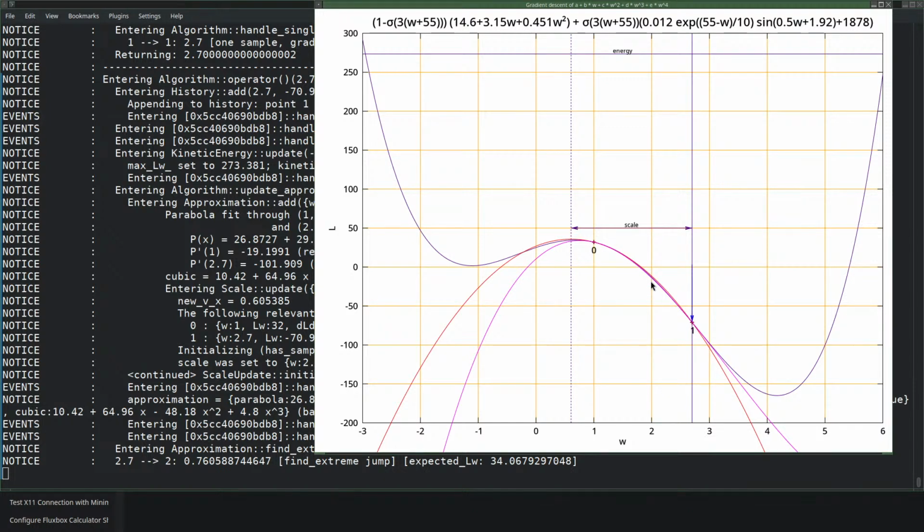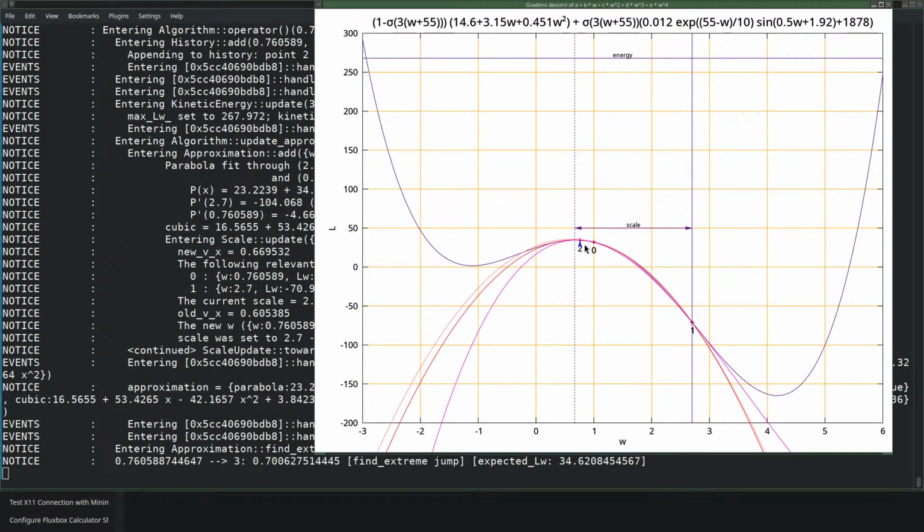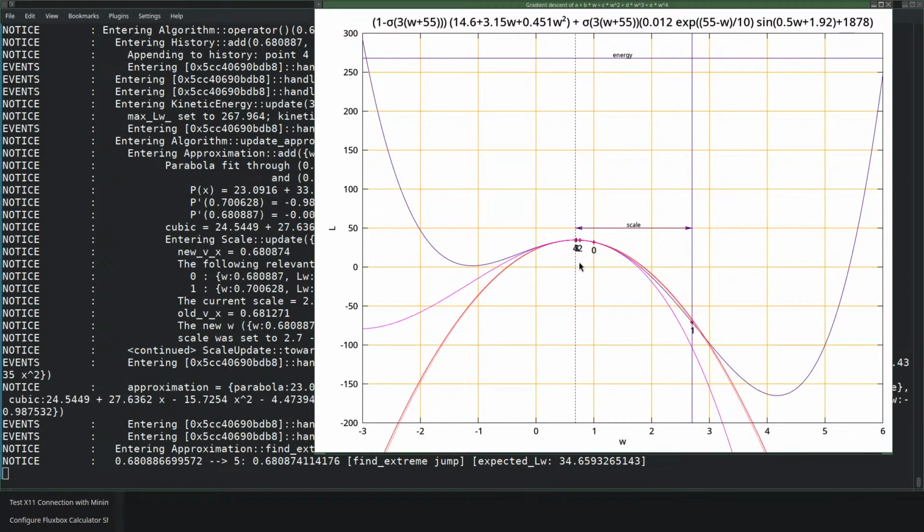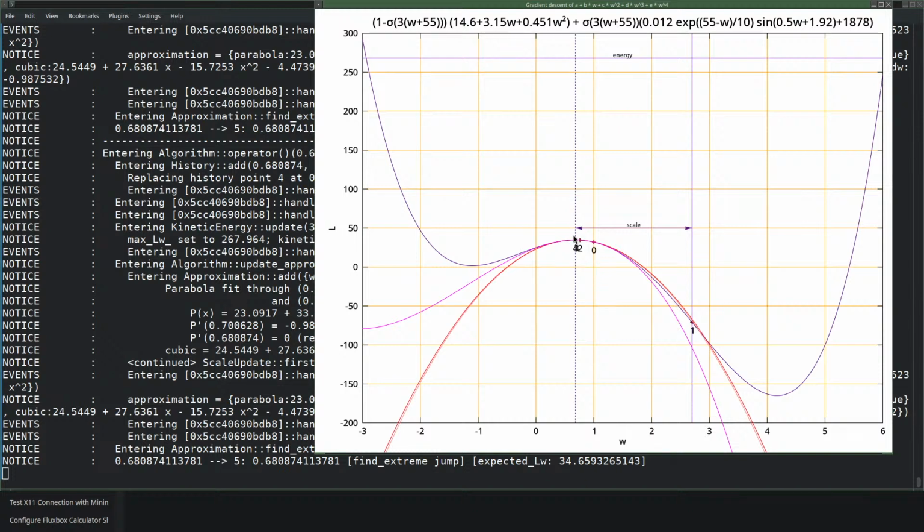So on average we are here, and then this maximum is closer than this minimum, apparently. So it's jumping to 0.7, which is there. And then we get stuck in that maximum again.